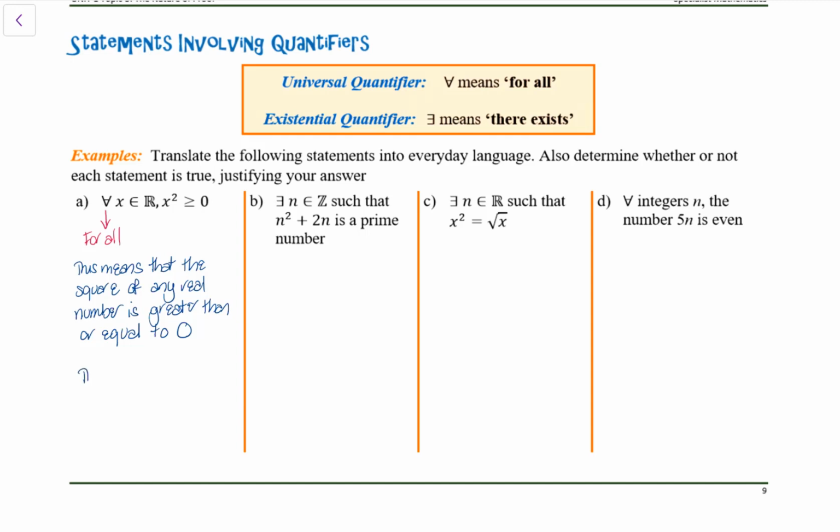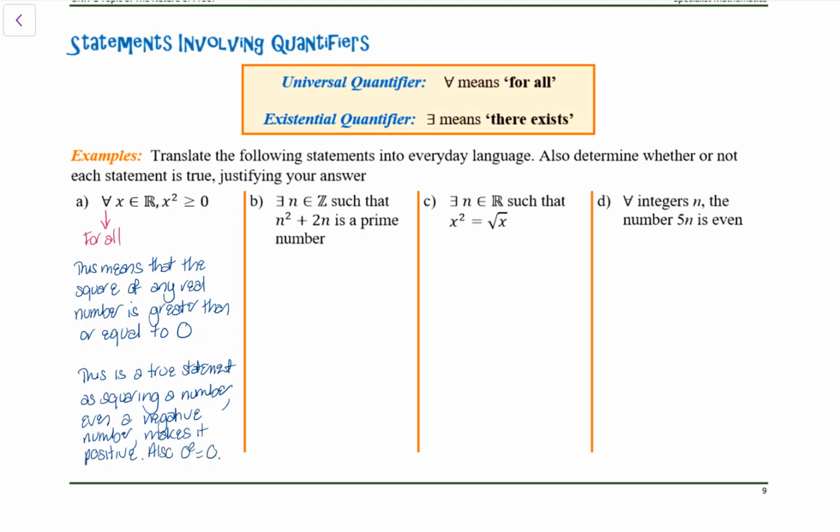So this is a true statement, as squaring a number, even a negative number, makes it positive. And also 0 squared is 0.